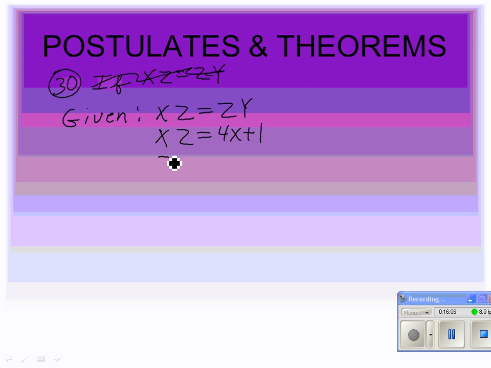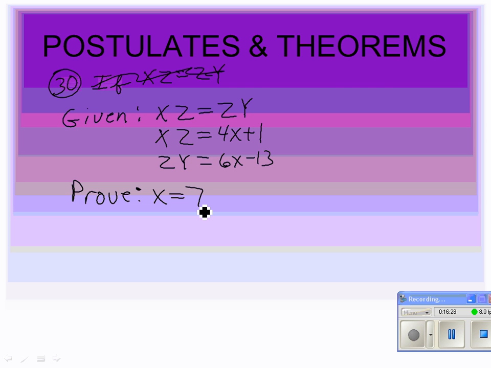Yeah, ZY equals 6x minus 13. So that's all our given information. What are we trying to prove? X equals 7. All right, so that's what we got.